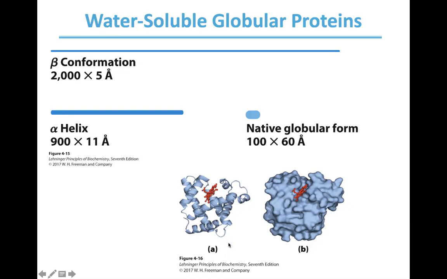Has to be, right? So if this adopts the globular form, then it's actually much more compact, and you can see 100 by 60 angstroms. So the protein is much more compact, and it allows for the hydrophobic residues to go inside the protein, hide away from water, and for the hydrophilic ones to become exposed to the aqueous layer.